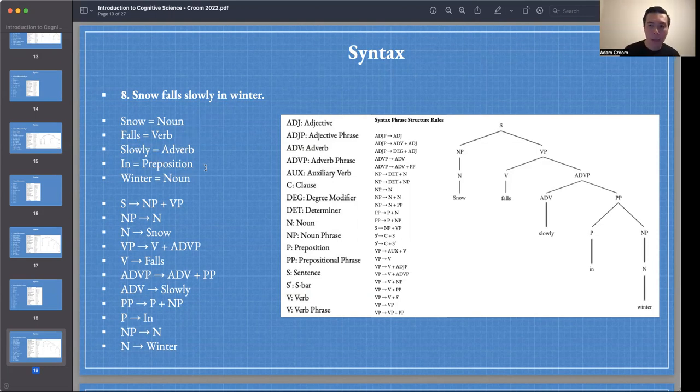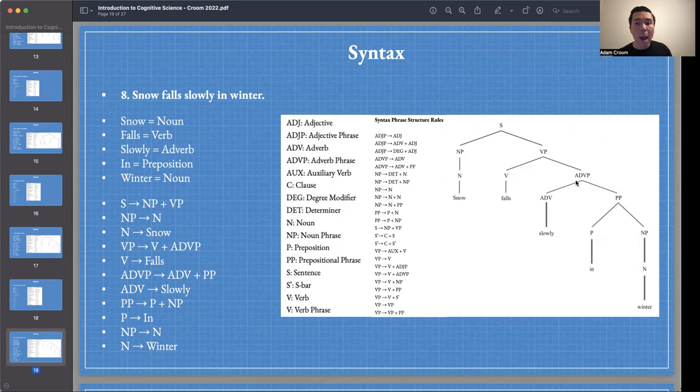And now that we've labeled those and we're familiar with the rules, I want to highlight for you how we bundle these up. In winter, what is that? That's a prepositional phrase. So we see that the PP takes the P and the NP, NP takes an N, the N is winter and the P is in.